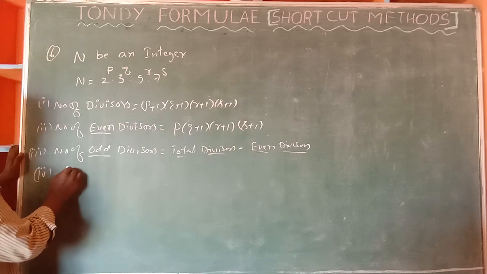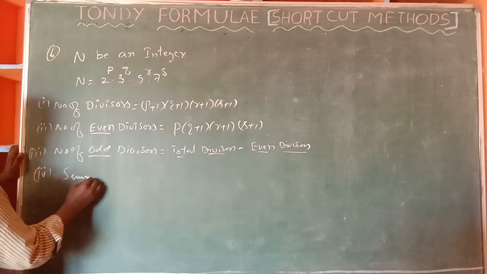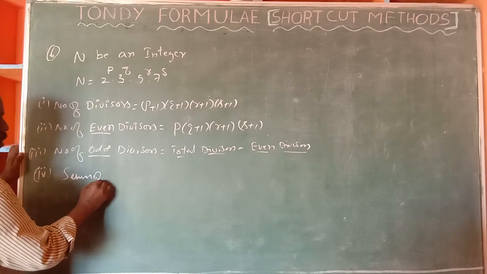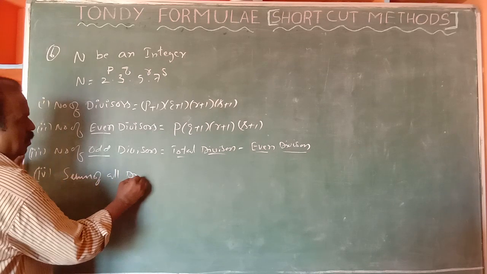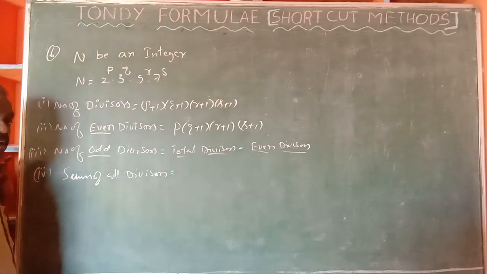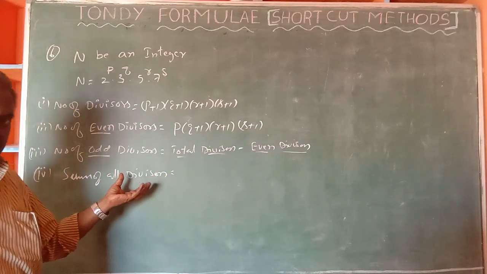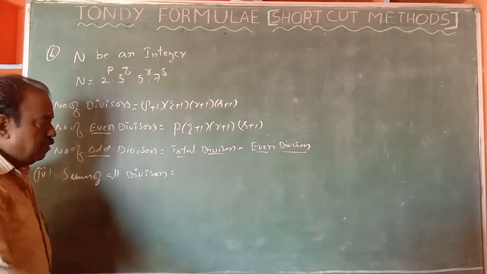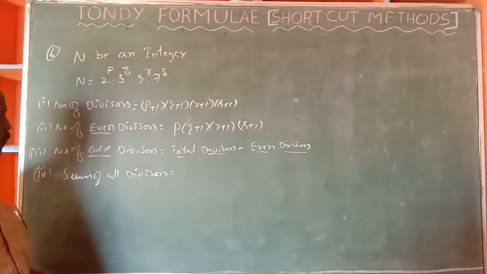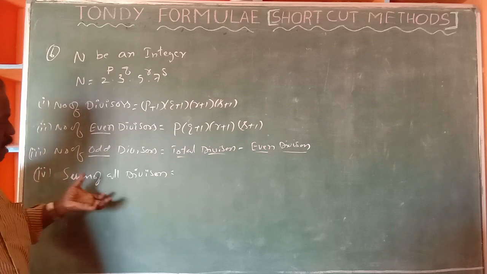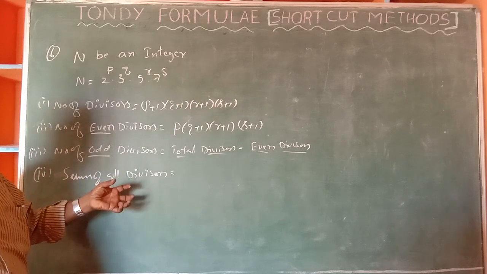The sum of all divisors. These divisors are also called factors sometimes. In some questions, factors are given: the number of all factors, the number of even factors, the number of odd factors. Similarly, the sum of all divisors, all factors.